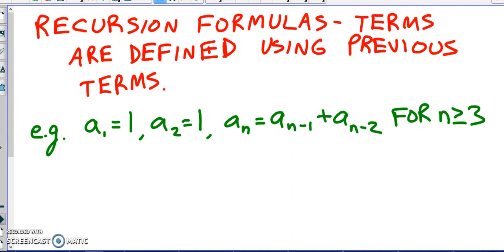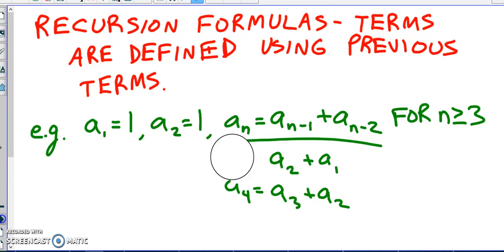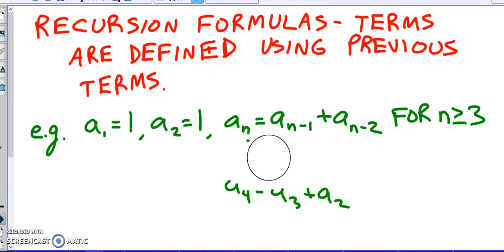So starting at 3, this would be like A3 equals A2 plus A1, A4 equals A3 plus A2, etc. That's what this means right there. So that's a recursive way to define the Fibonacci sequence.